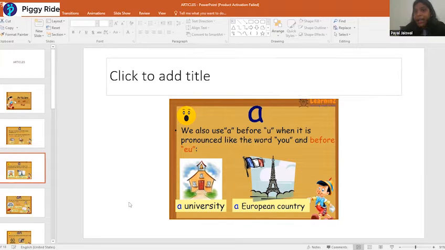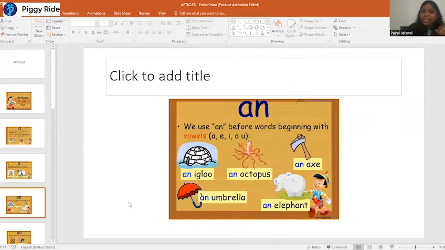We never say an university, it is pronounced as a university because the pronunciation is like you, okay? A European country, like yes, you. So don't get confused, put the article a. Now let's go to the next part.